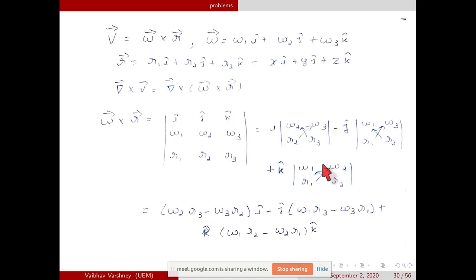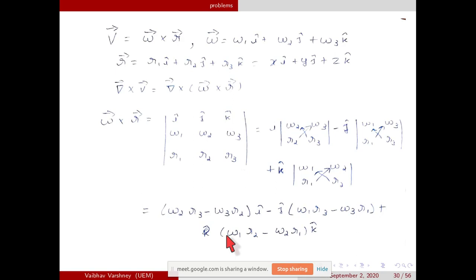Clear na? Okay. So now we can open the determinant. This will be omega 2 r3 minus omega 3 r2 i cap minus omega 1 r3 minus omega 3 r1 j cap plus omega 1 r2 minus omega 2 r1 k cap. So this is omega cross r.